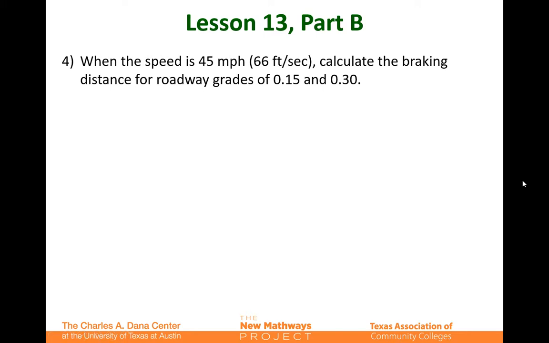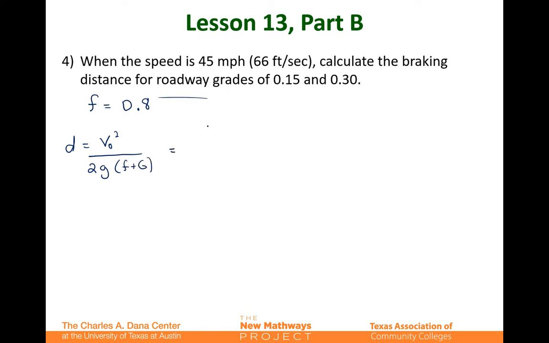When the speed is 45 miles per hour, calculate the braking distance for the roadway grades of 0.15 and 0.30. F is still going to be 0.8, but we're going to change the value of G. We know the stopping distance is v squared over 2g times (f plus G).